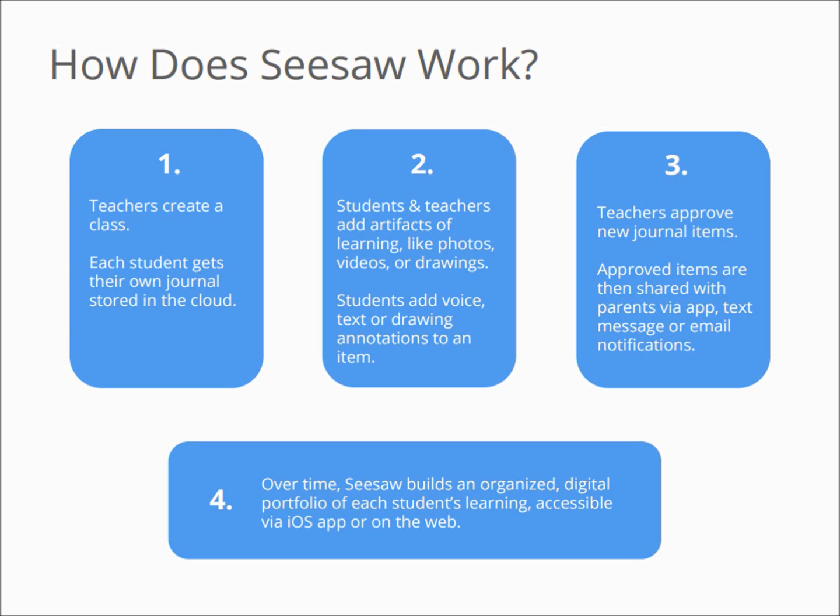Students can add voice, text, or drawing annotations to any item in their journal. As teachers approve journal items, the approved items are then shared with parents through the app, through a text message, or email notification. Over time, Seesaw builds an organized digital portfolio of each student's learning.